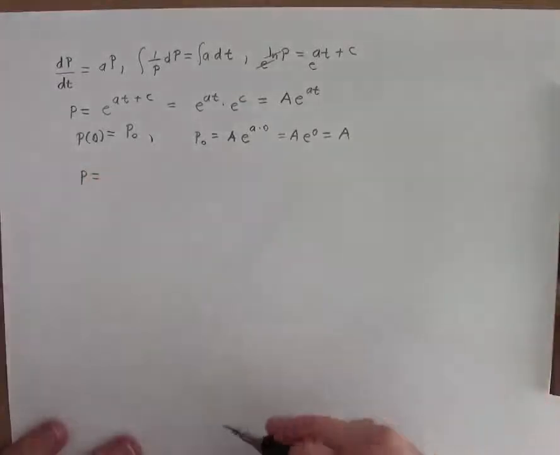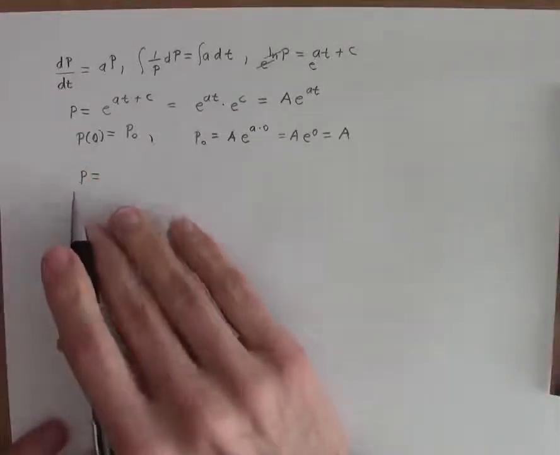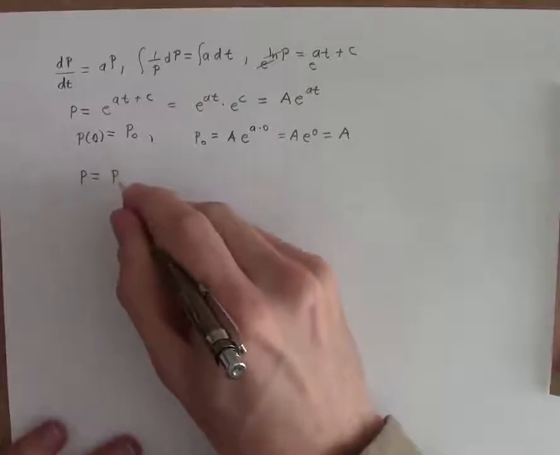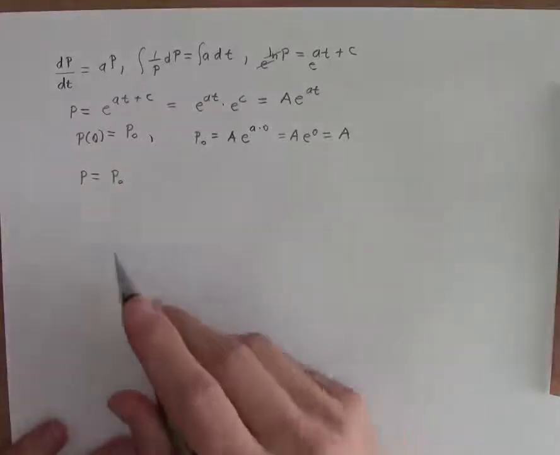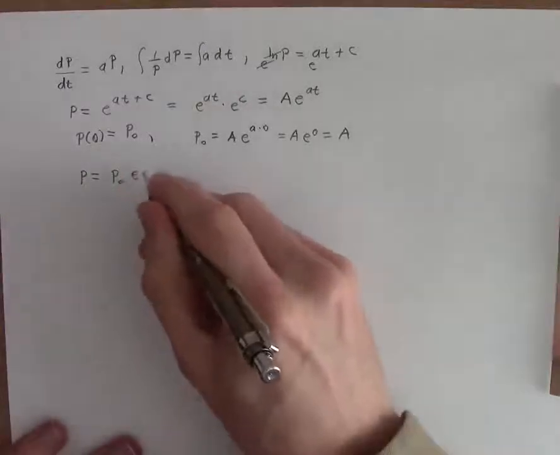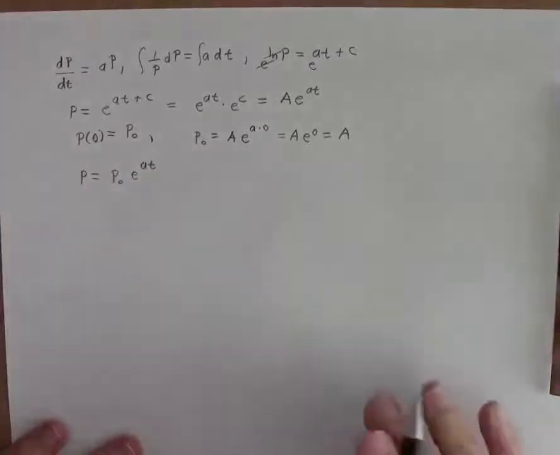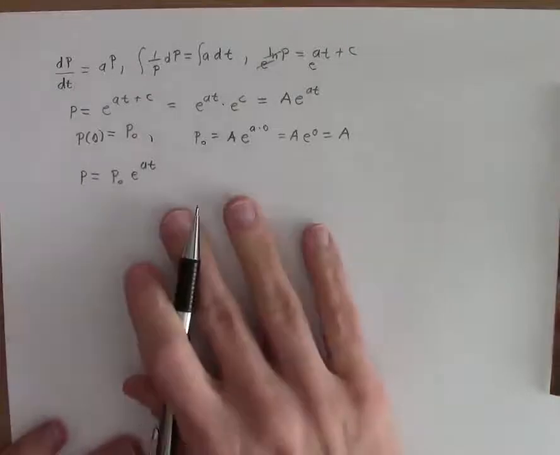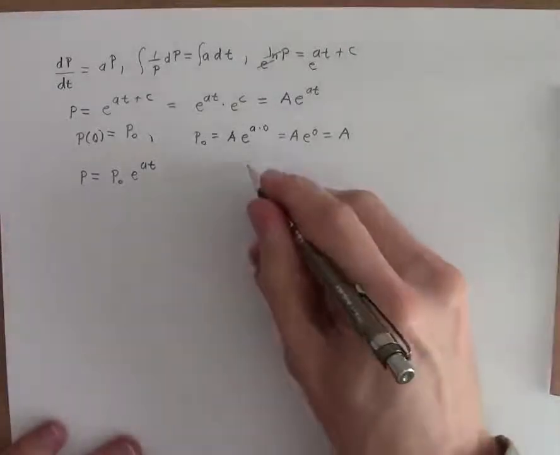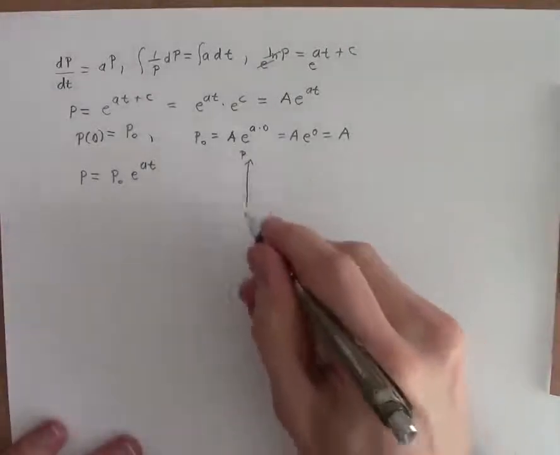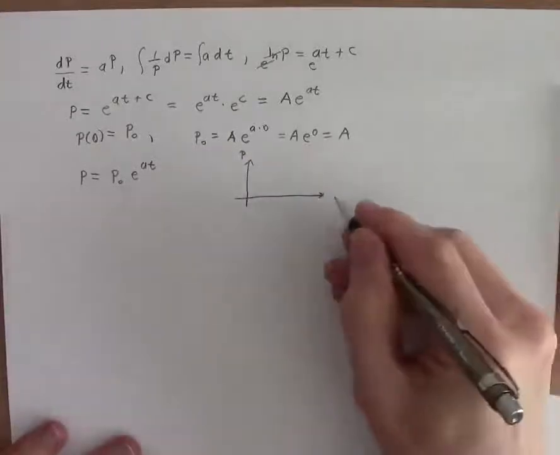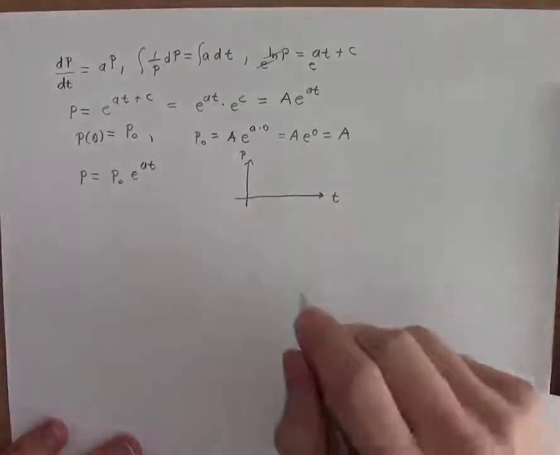Now we'll put all that together. So our population p is equal to the initial population p sub 0 multiplied by e to the power at. So that's just an exponential function. So if we graph our solution, we can see what we have.